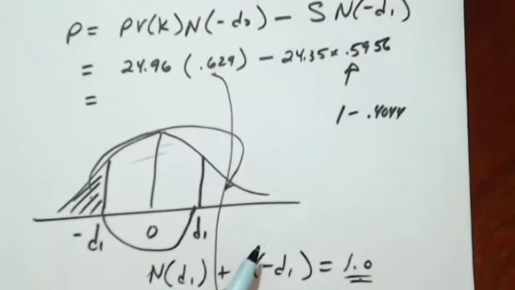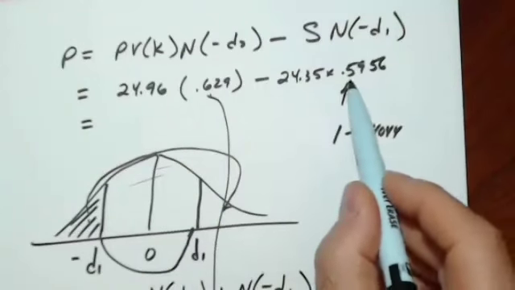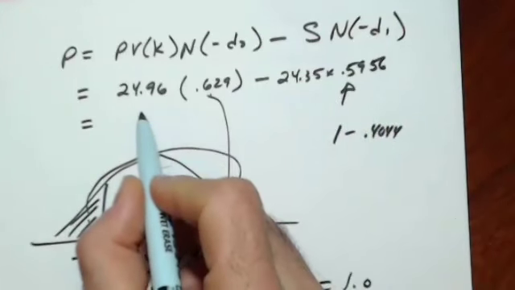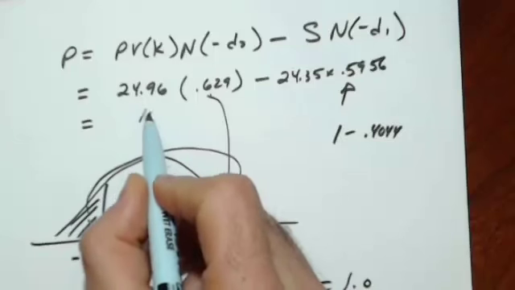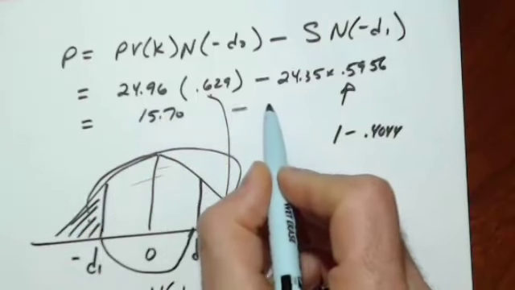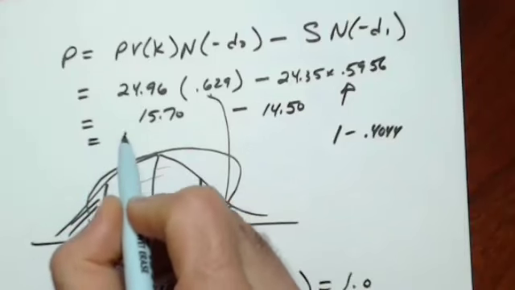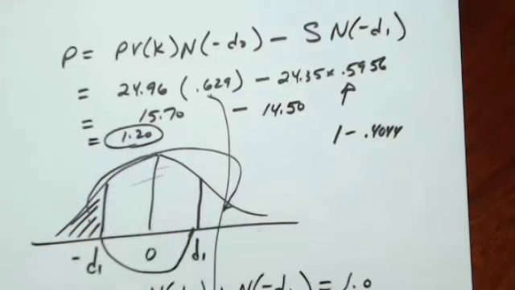Solve for the put, so sorry about that. 0.5956. So this is 15.70 minus 14.50. The put is worth $1.20.